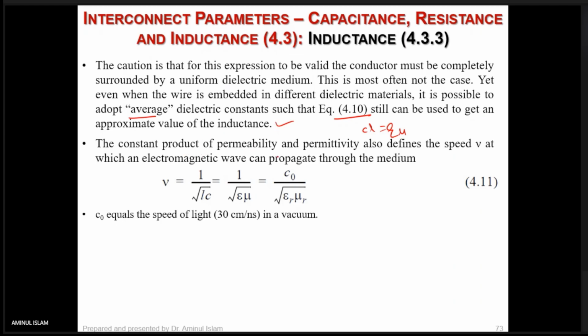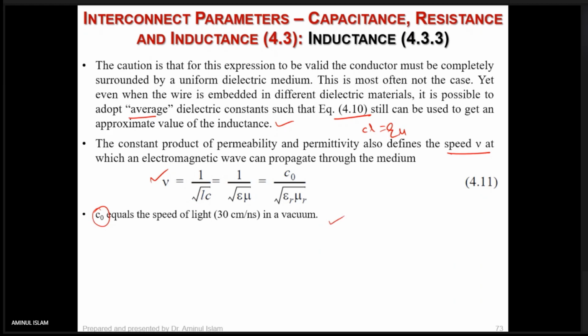The constant product of the permeability and permittivity also defines the speed at which an electromagnetic wave can propagate through the medium. This is the expression where c naught equals the speed of light, 30 centimeter per nanosecond in vacuum, equal to 1 upon square root of LC.